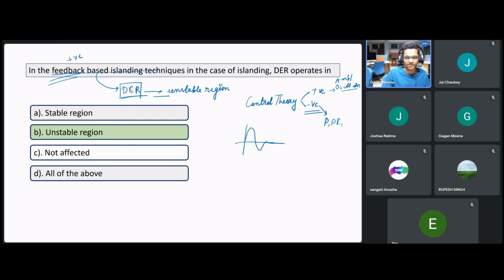Because if we give some input, we want the system to stabilize. But in oscillator, amplifier, it will not happen.